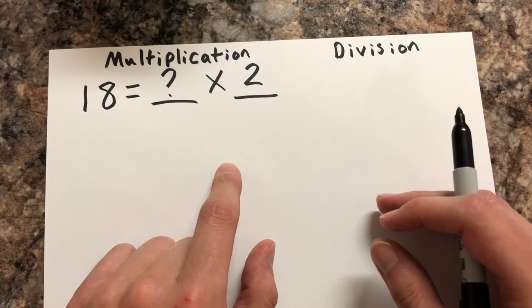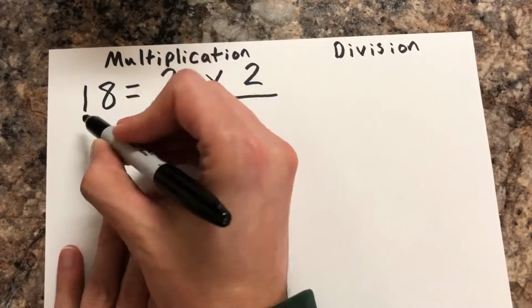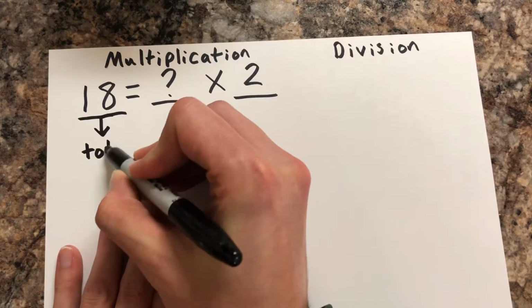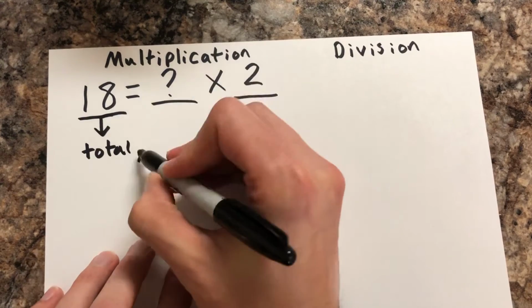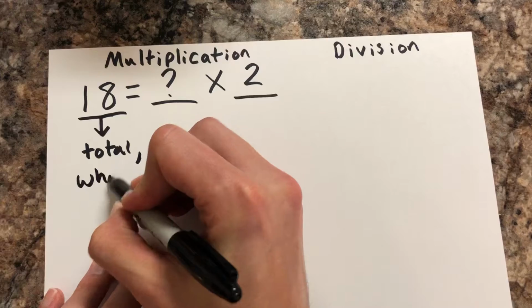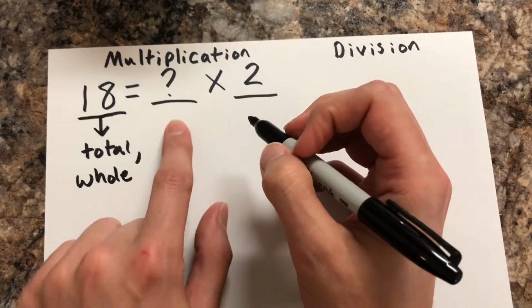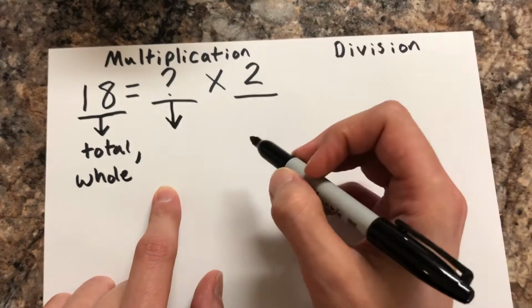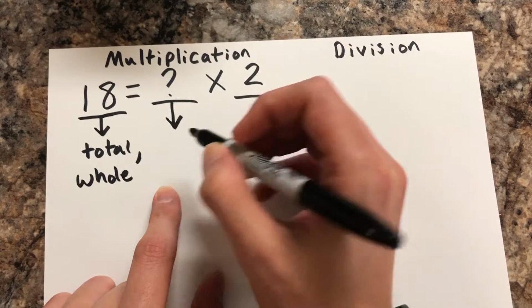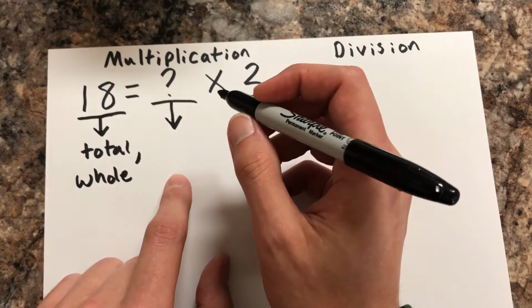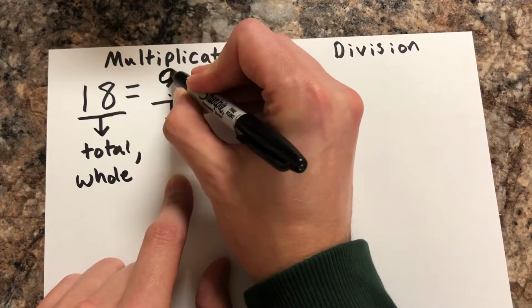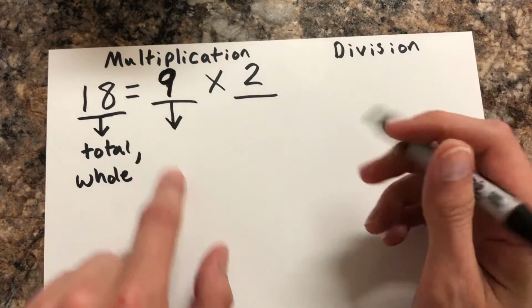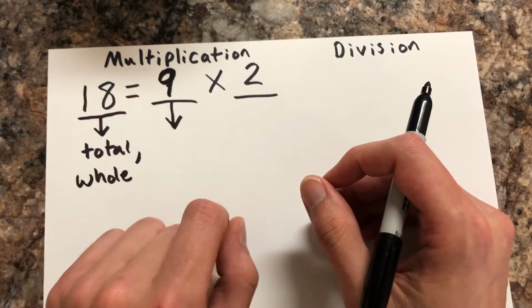So the 18, what does it represent? It represents the total, or the whole thing. This question mark, this first factor, represents, well, I should put what it actually ends up being. That question mark ends up equaling 9. 9 groups of 2 is 18.